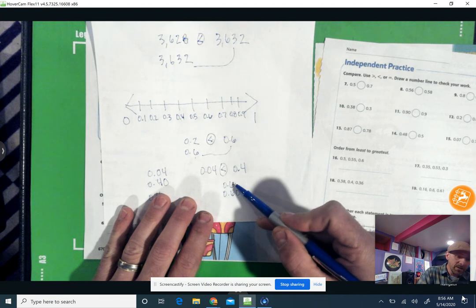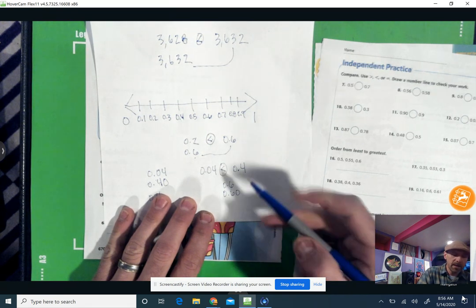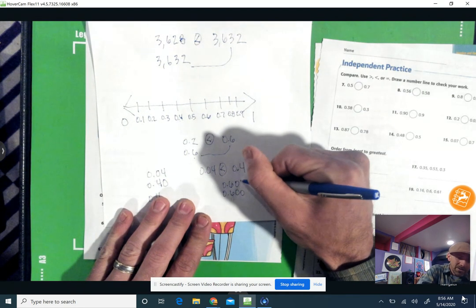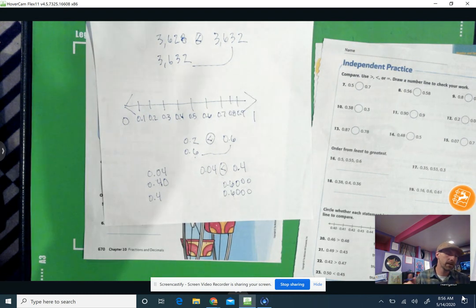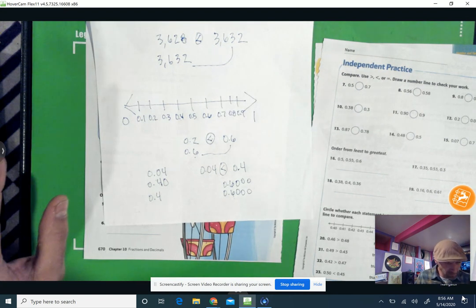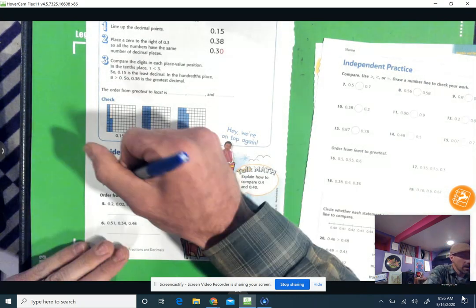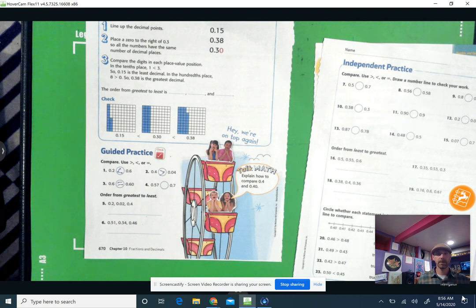But we can use the 6 in the tenths place. Why? I know there's the same number. Guys, you could keep adding zeros and zeros and zeros to the end of time, right? But no matter what, these two numbers are equivalent. Okay? All right.